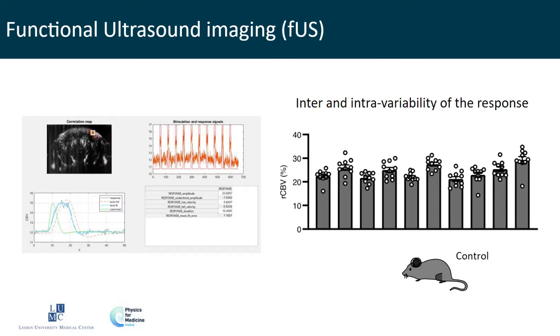Then these are the results of 10 control mice, with the dots showing one peak of stimulation. The intra-variability for one experiment is quite good, and for the inter-variability between mice, you can see there is not much difference in response between 10 different control mice. So this demonstrates how robust the system is to study hyperemia.